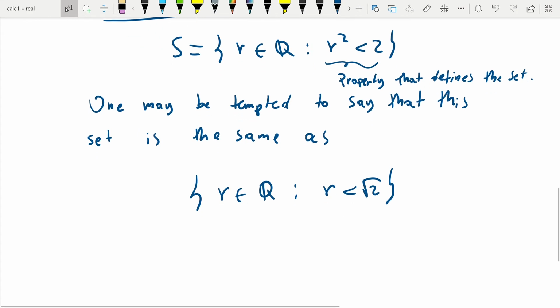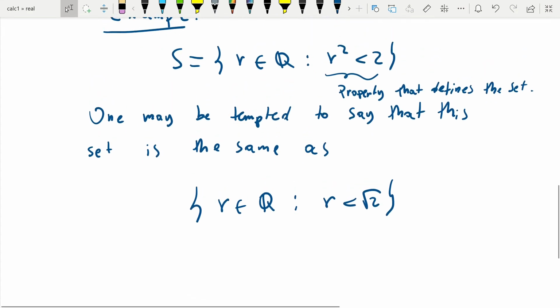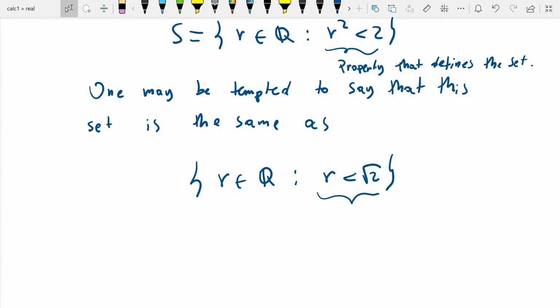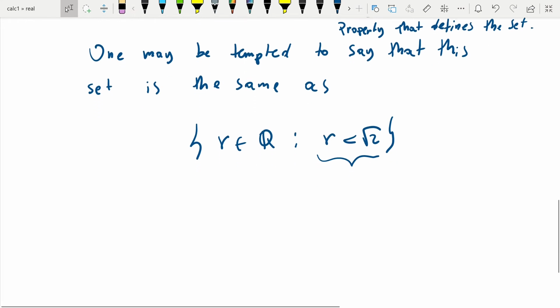Okay, but you may think that these two propositions are the same, may be the same as asking R to be less than square root of 2. What's the problem here? Well, if you go back to the previous section, the problem is that so far we don't know the existence of a number we can call the square root of 2.